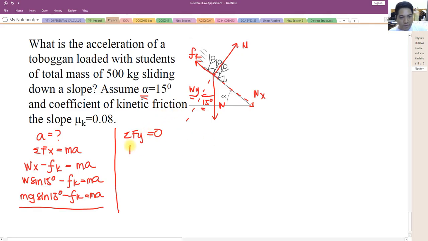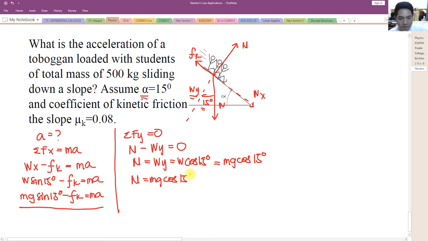So we have normal force positive minus Wy equals 0. So the normal force is equal to the Wy, which is W cosine 15, which is mg cosine 15 degrees. So the normal force is just mg cosine 15 degrees.